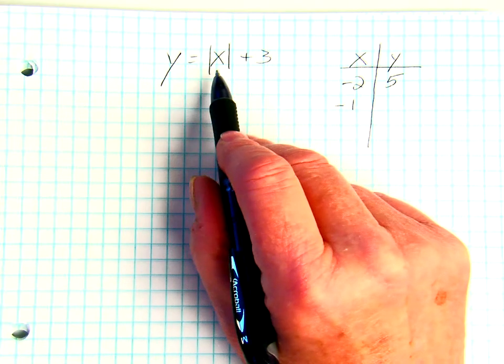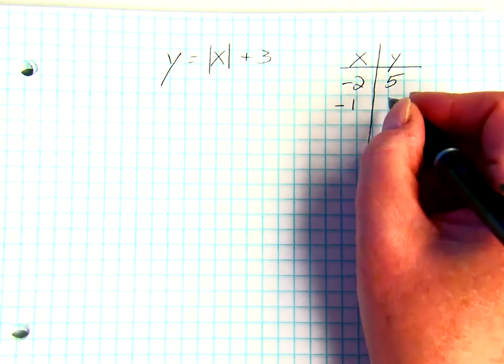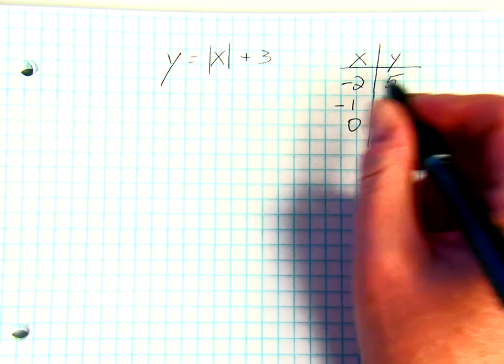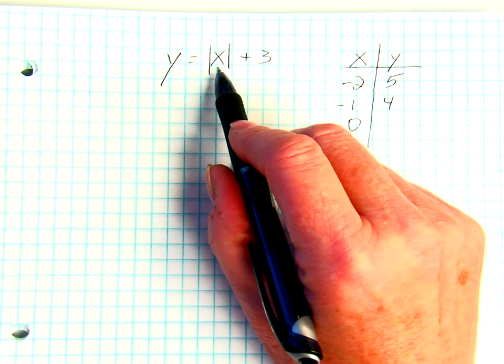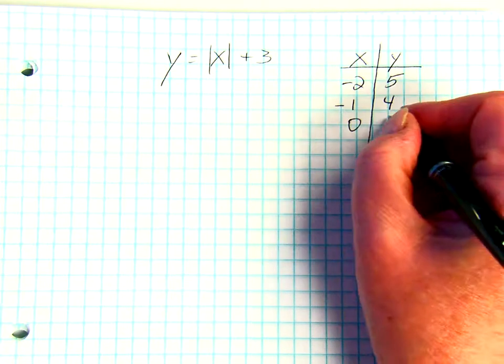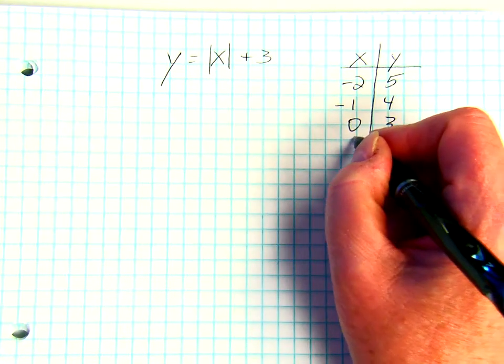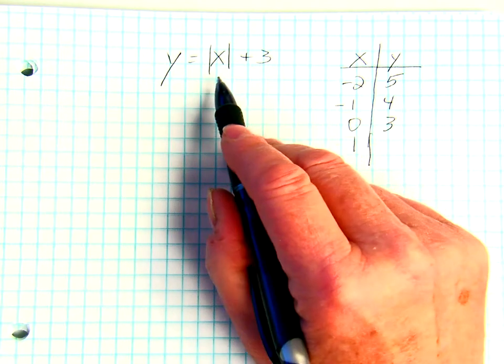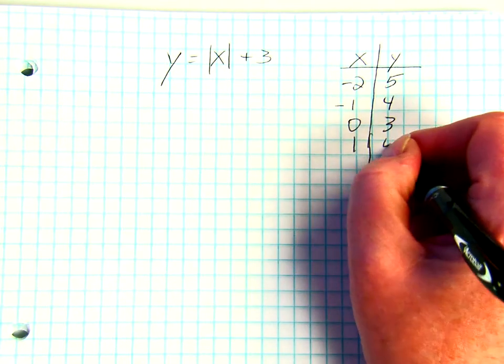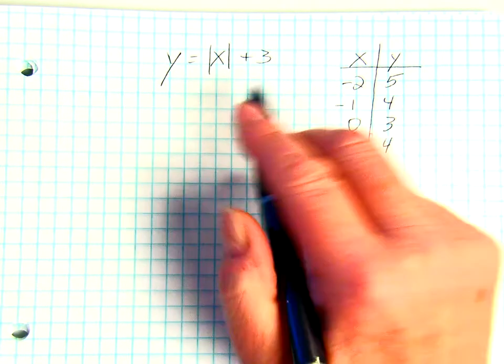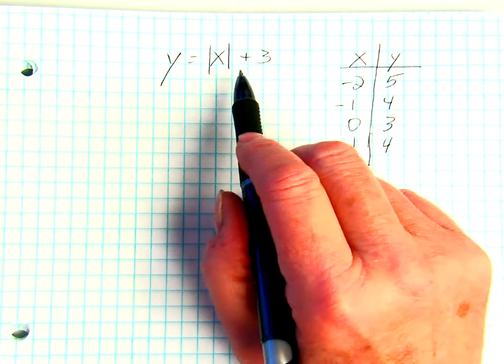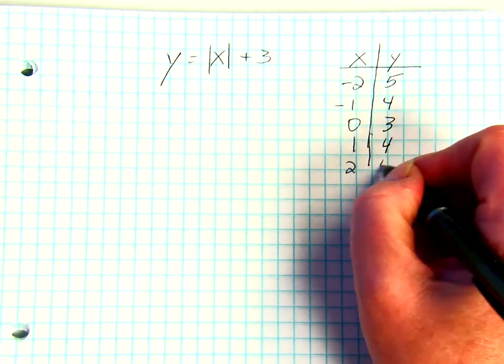And absolute value of -1 is 1 plus 3 is 4. Then 0. Absolute value of 0 is 0 plus 3 is 3. Now we go to 1. Absolute value of 1 is 1 plus 3 is 4. And 2. Absolute value of 2 is 2 plus 3 is 5.